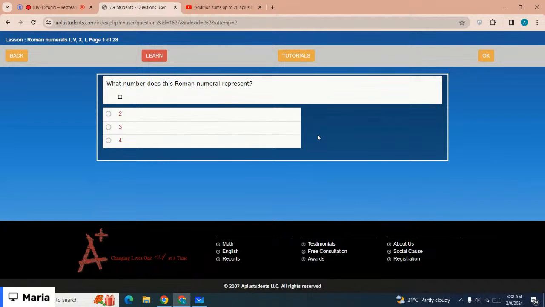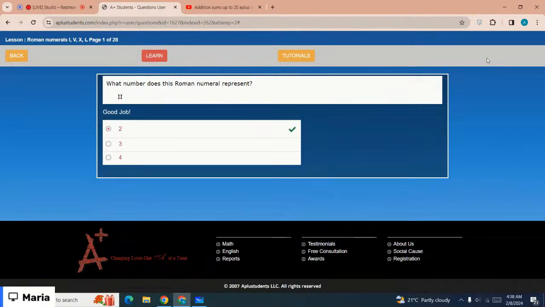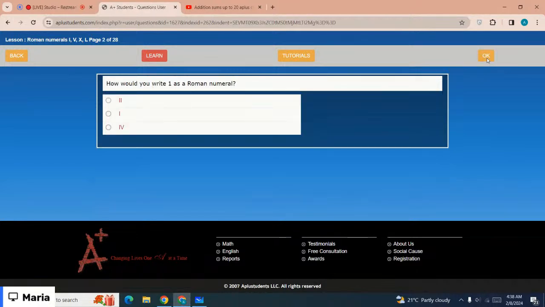Yes, this Roman numeral represents 2. The correct option is 2. How would you write 1 as a Roman numeral?